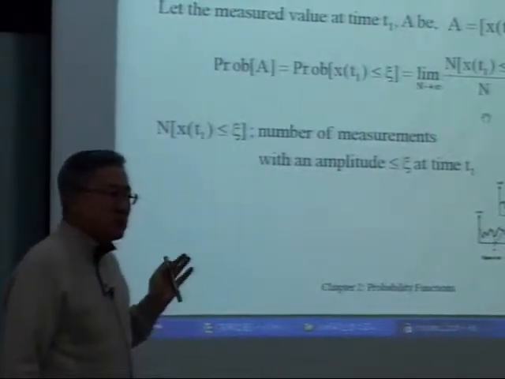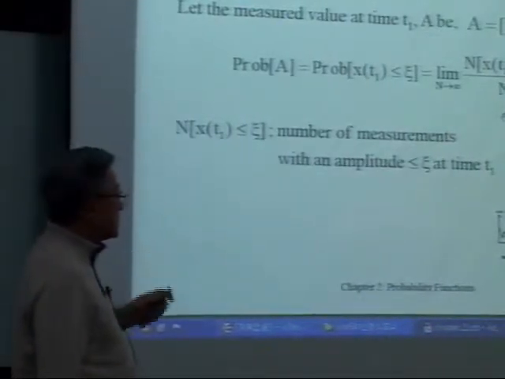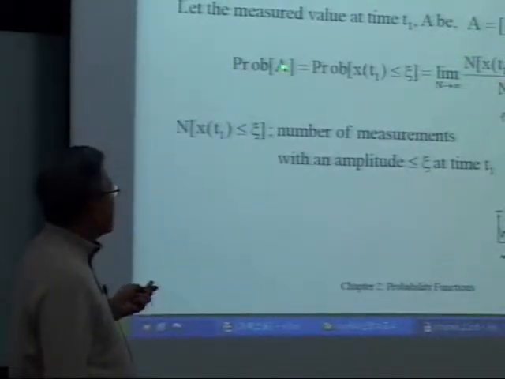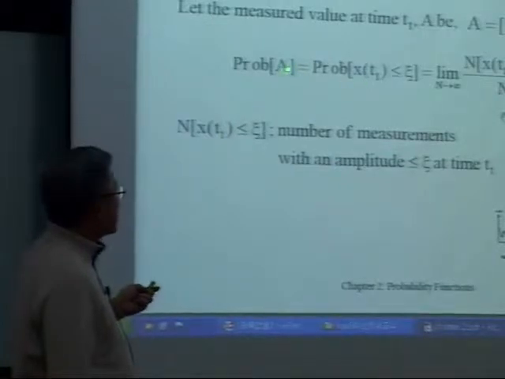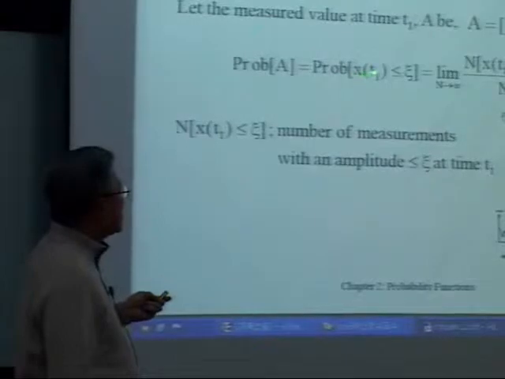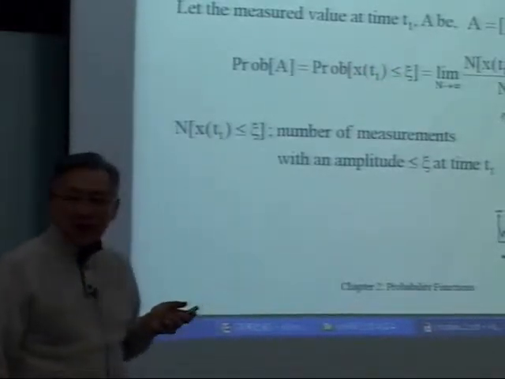This is a definition, so you can't afford not to understand. Very straightforward. Event A is x at time t1 less than or equal to chi.